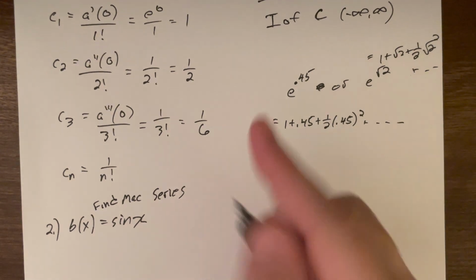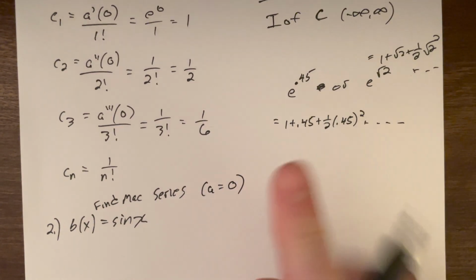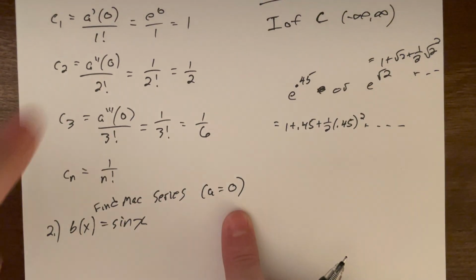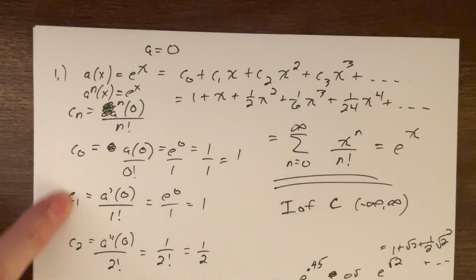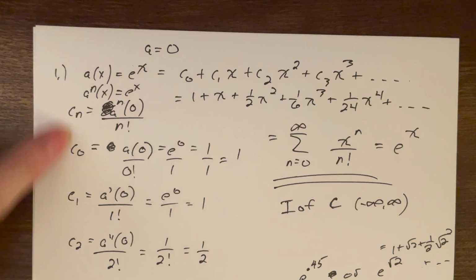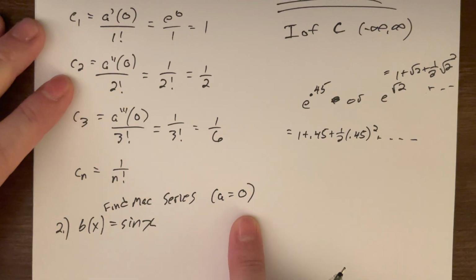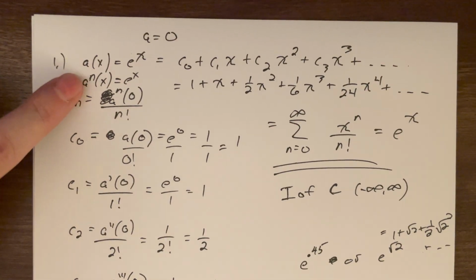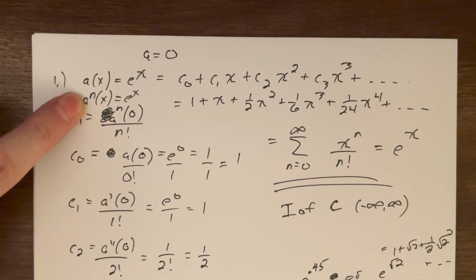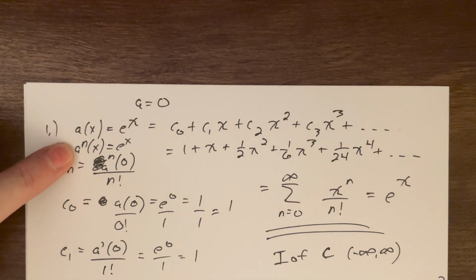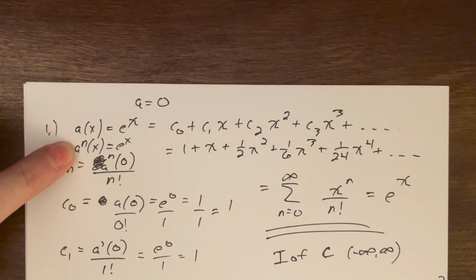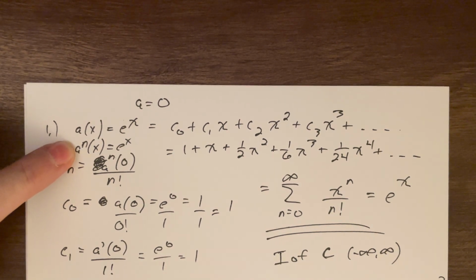So there's my directions. Again, that means we know a is 0. And I could do something similar like I did up here, but let's really cut to the point. We need to start figuring out what's going on with these coefficients. And in order to do that, we're going to need the derivatives. The reason why number 1 was so nice was because the derivatives were so simple. The derivative of e to the x is exactly itself.